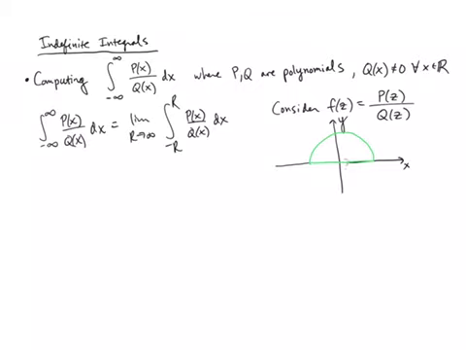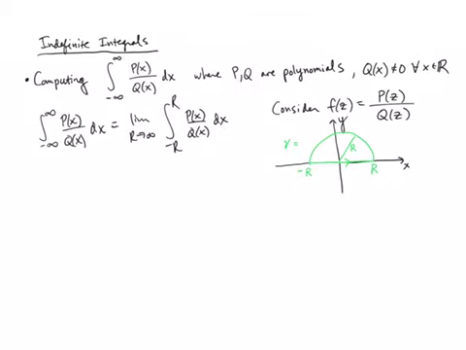So it's going to go out to R here, to negative R here, and this is going to be part of a semicircle of radius R. So this is going to be our curve gamma. And we're going to apply the residue theorem to this curve gamma, and that's going to tell us what the value of the integral around gamma is.